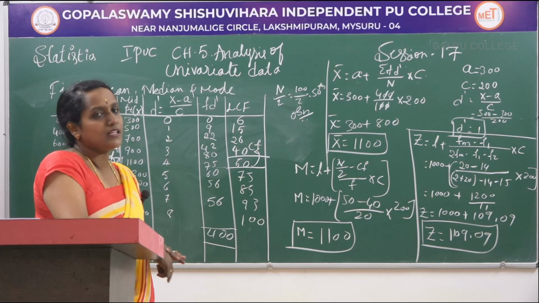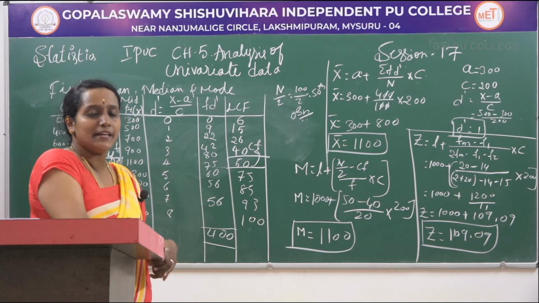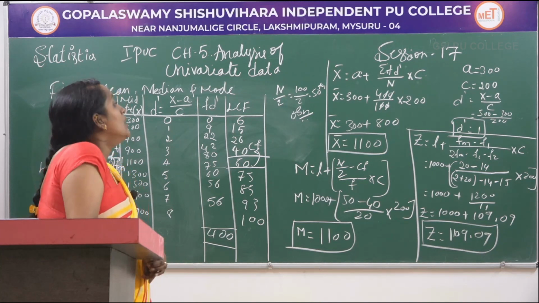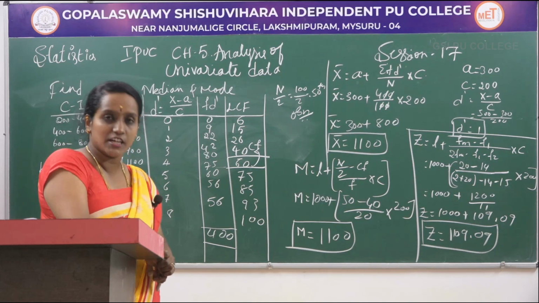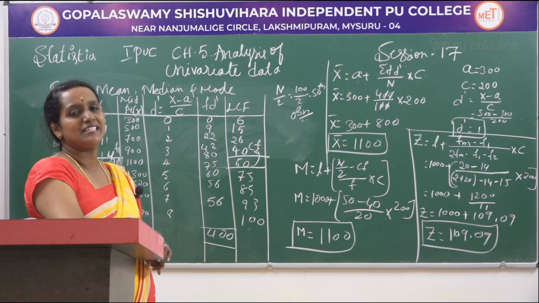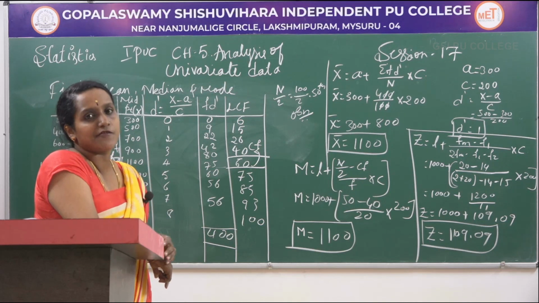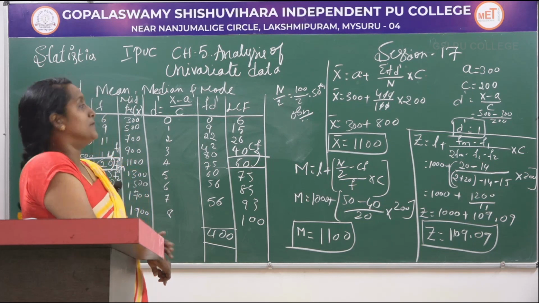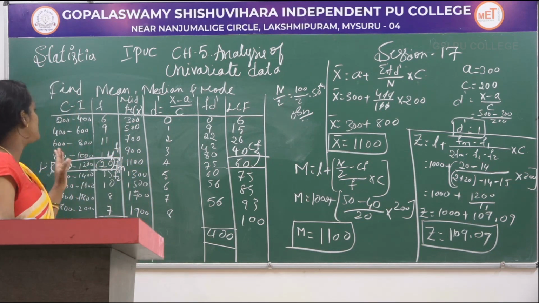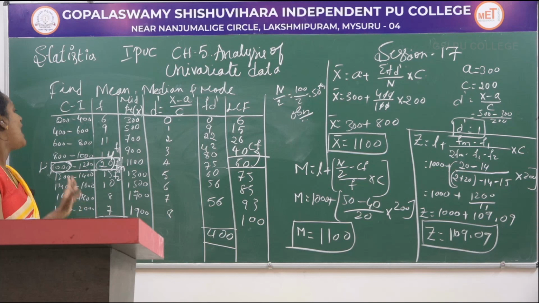And the last thing is we have to calculate the Z value, that is the mode value. To find the Z value in continuous data, first we have to see the maximum frequency and fix that class interval for our calculation. Here in this problem, the maximum frequency is 20, and that frequency we call Fm, that is the middle frequency.